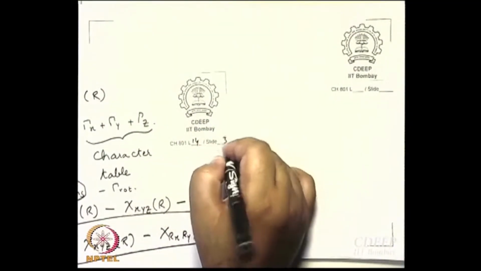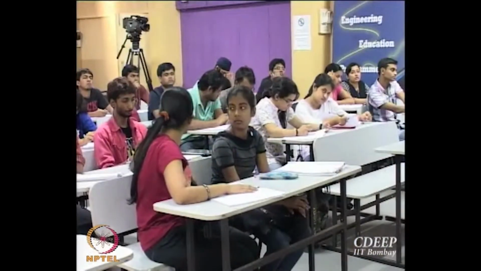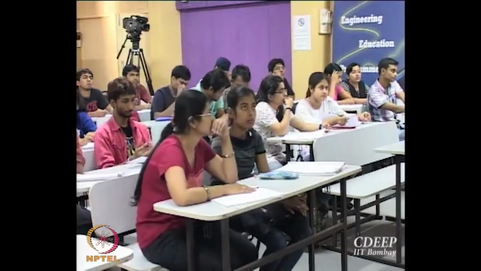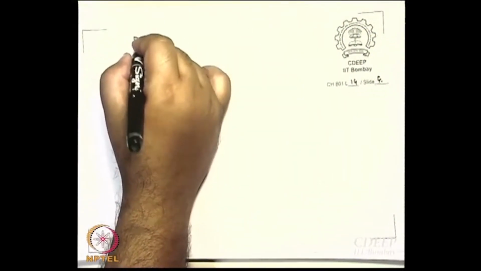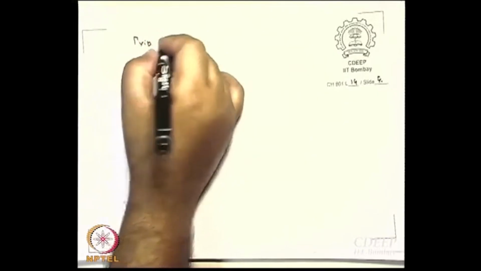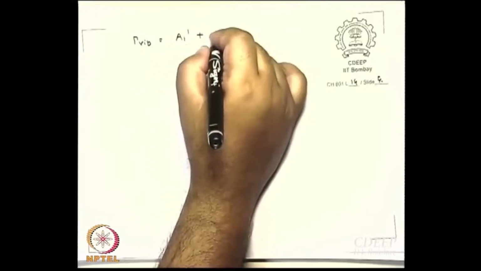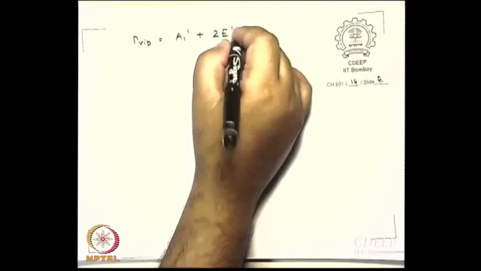What was the answer? Yeah, you are saying gamma wave equal to A1 dash plus 2 E dash, or double dash?